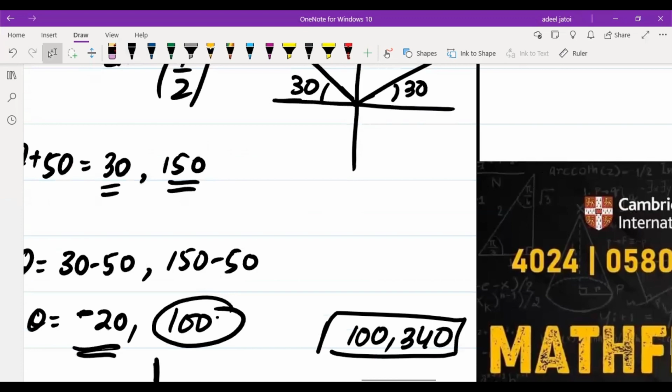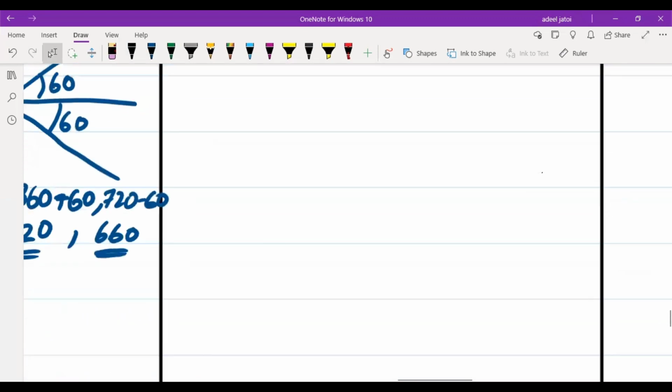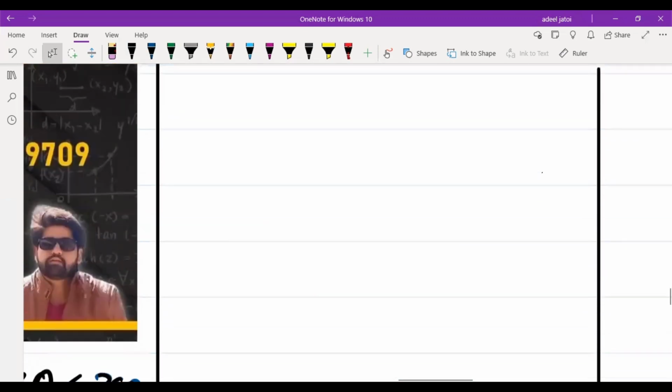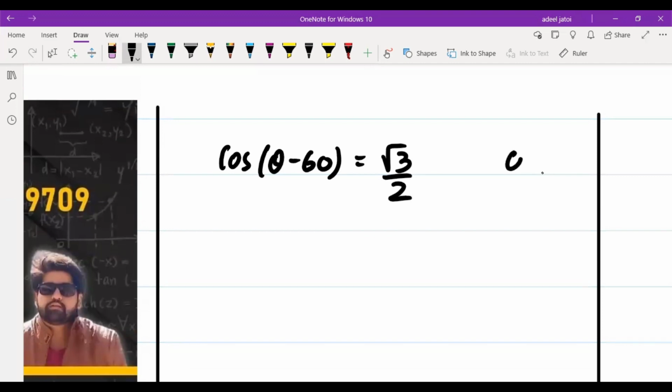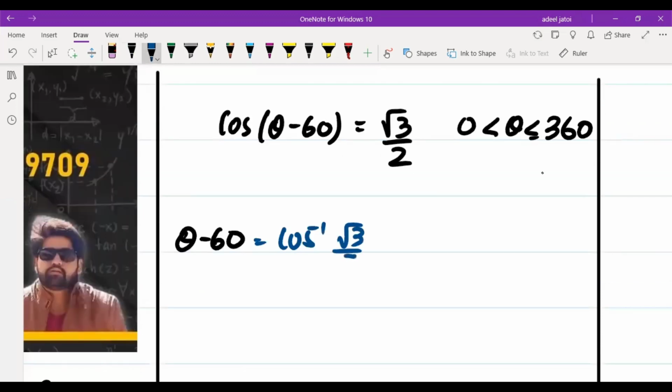Similar to this, we can also work on one question with the same concept: cos of theta minus 60 is, let's say, root 3 upon 2. And the domain that we have is greater than 0 and less than or equal to 360. Considering the same concept, theta minus 60, we take cos inverse of root 3 upon 2.